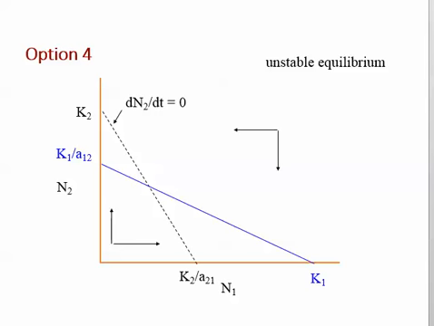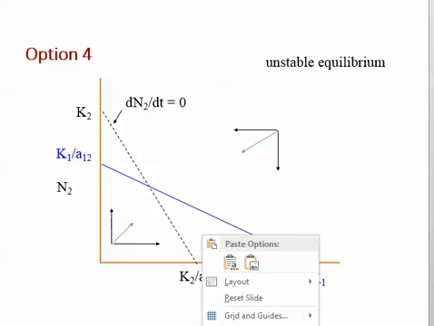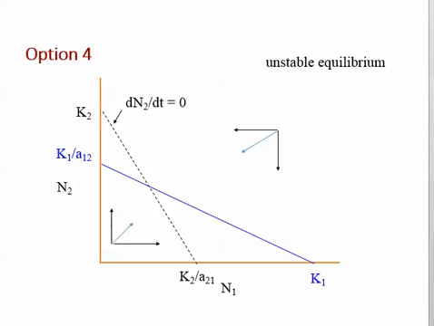So here we have those trajectories as we saw before. Those are just the same. Now we're looking at what happens when we're between these isoclines, and we're at a point that looks like this.